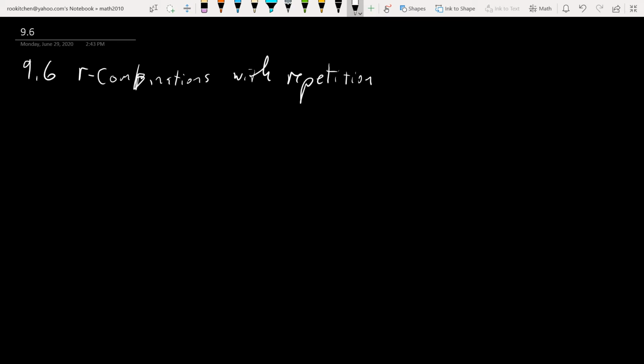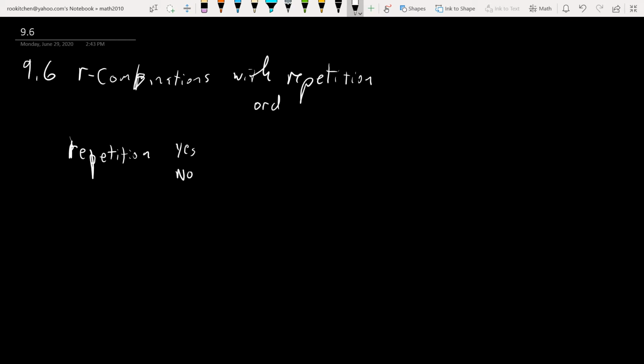So up to this point, we can categorize what methods we've been using. We'll say repetition on one hand, whether it's allowed or not, so yes versus no. On the other hand, there's order.